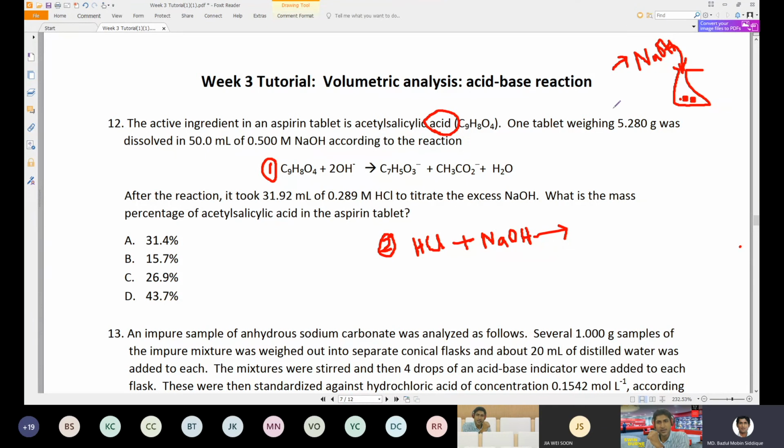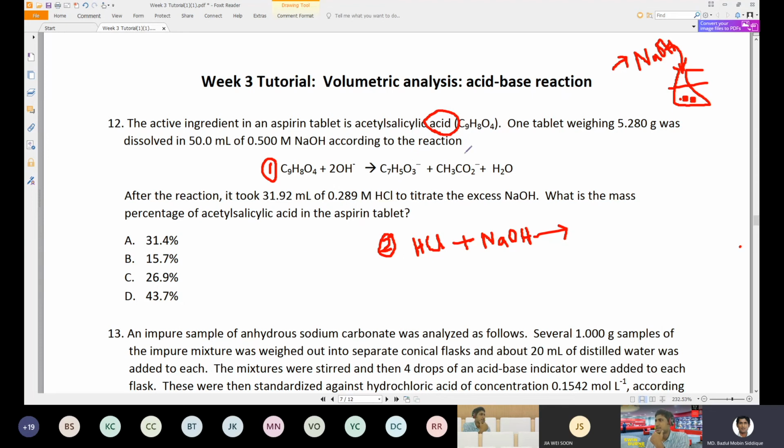From that concentration and the volume I added, 10, 20 milliliter or whatever, I know the number of moles of sodium hydroxide I have added here, right? So although I do not know the salicylic acid number of moles or anything, I know the number of moles of sodium hydroxide.